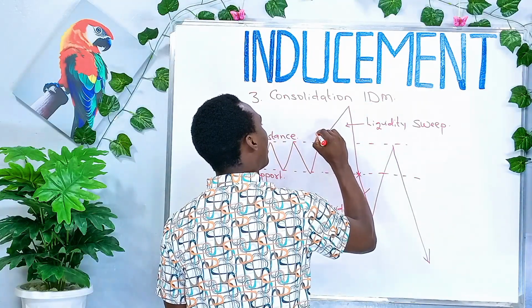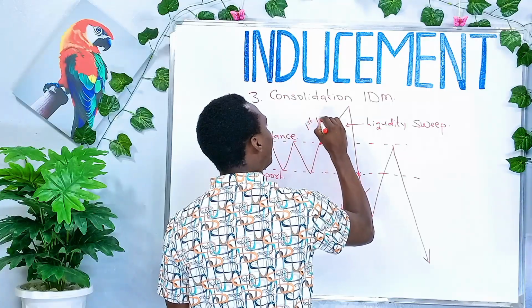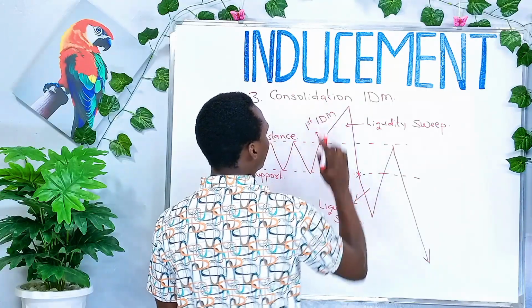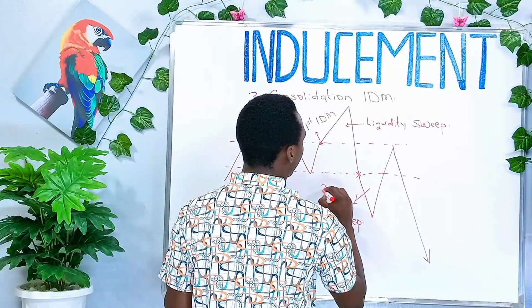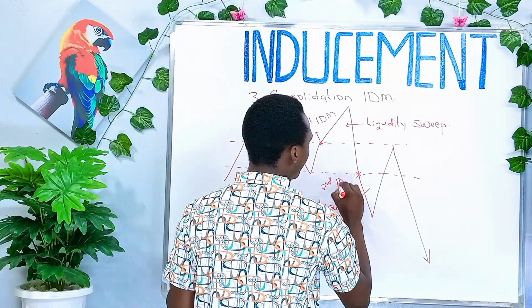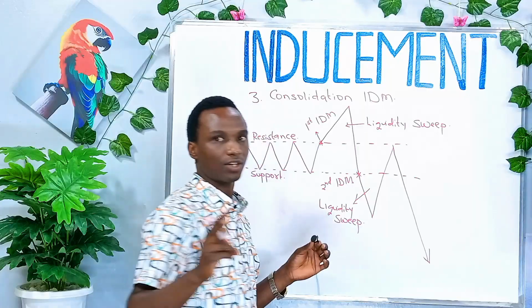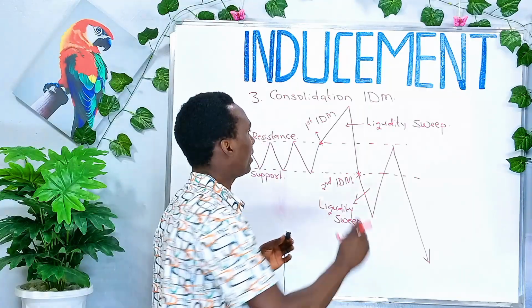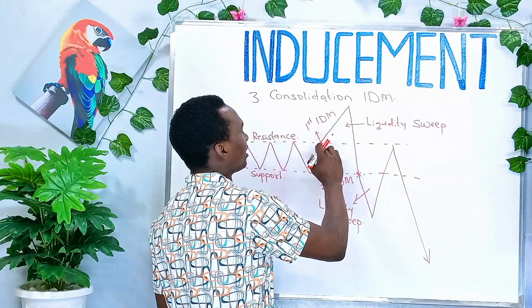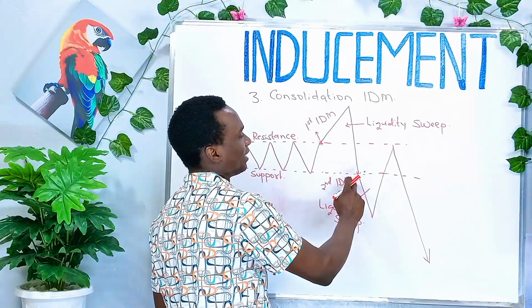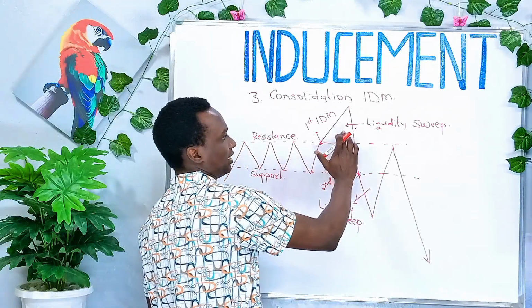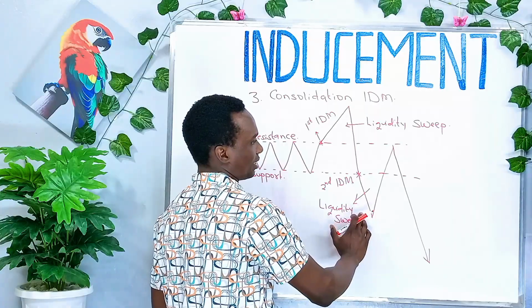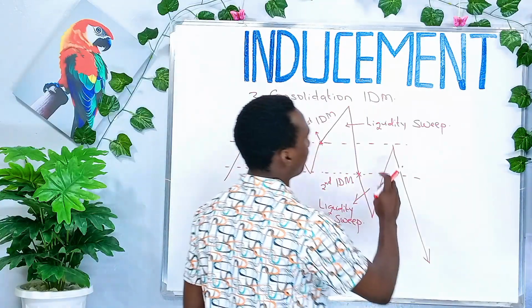Here we have our first IDM, our first inducement, and here we have our second inducement. So here we have two types of inducement: one happening on the break of the resistance level, and the second on the break of the support level. This is the first liquidity sweep, and this one is the second liquidity sweep.